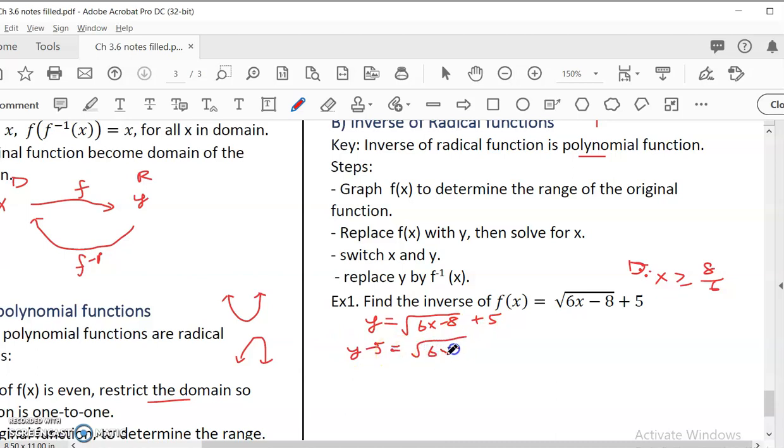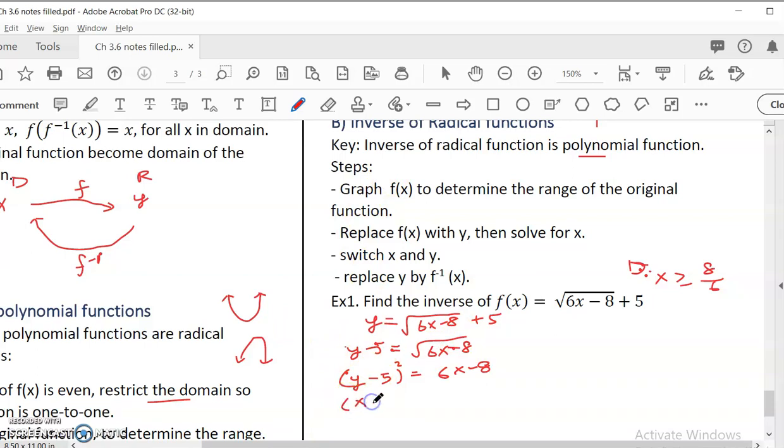So square root of 6x minus 8 equals y minus 5. Now you square both sides, and when you square this, it becomes just 6x minus 8 because square and square root would cancel. Now, actually, I forgot to switch. So I'm going to switch it here.